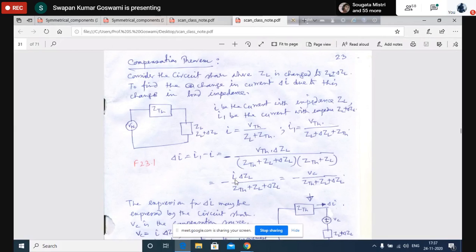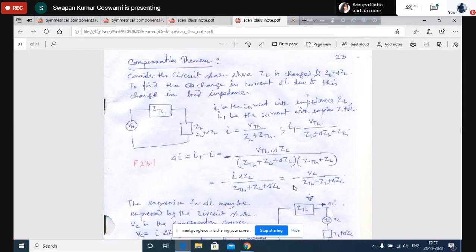I is the current that was actually flowing through this branch before the change in impedance, and delta ZL is the change in impedance. So the compensation voltage is equal to the current in the branch before the change in impedance into the change in impedance, and the change in current is the compensation voltage divided by this impedance.